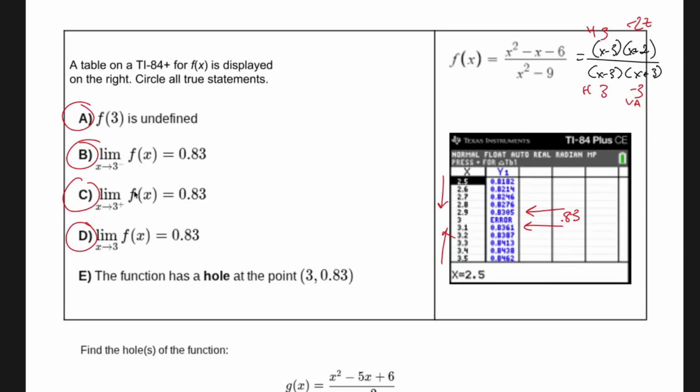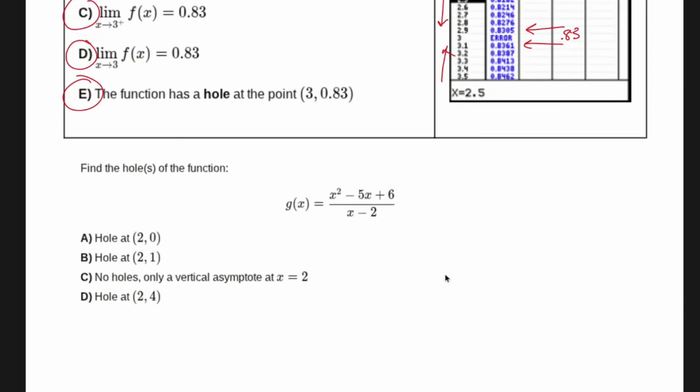If the left-sided limit and the right-sided limit are the same, then the regular limit is also the same. Very interesting. By the way, if the function has a hole at 3, 0.83, yup. All true.